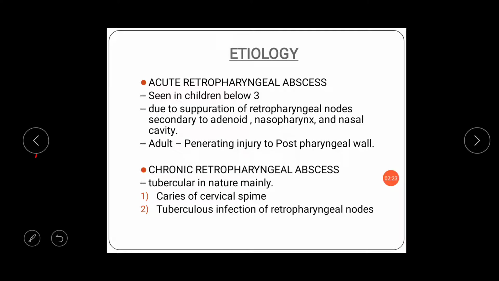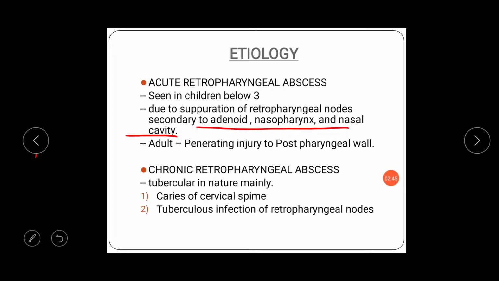Etiology of this retropharyngeal abscess. Retropharyngeal abscess can be acute or chronic in nature. Acute retropharyngeal abscess is usually seen in children below 3 years of age whenever the patient has an upper respiratory tract infection, and can have infection in the adenoid, nasopharynx and nasal cavity.